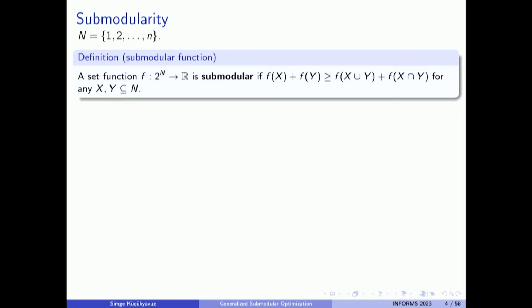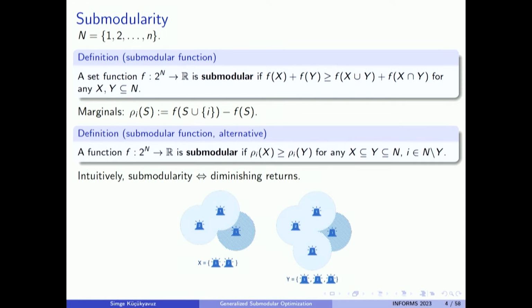What I find more intuitive is the second definition of submodularity. It's defined by the marginals. Rho, a notation I'll use throughout, is the marginal contribution of adding item i from the ground set to the subset S. So by definition, i is not in S. This is the difference between f of S union i and f of S. What is the contribution of adding i to S? That's the marginal.